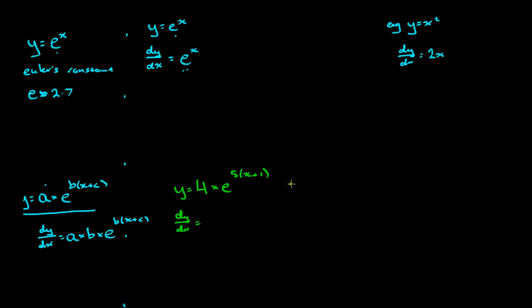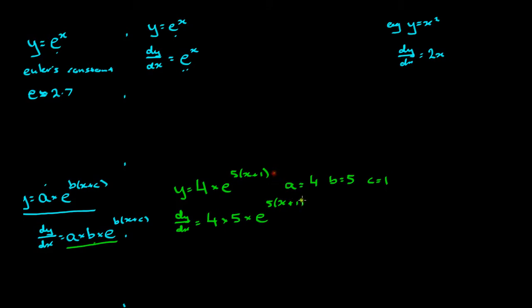So first of all, I'll write down the values of the constants. a is equal to 4, b is equal to 5, c is equal to 1. dy dx is equal to a, which is 4, times b, which is 5, times e to the power of b, which is 5 bracket x plus 1.